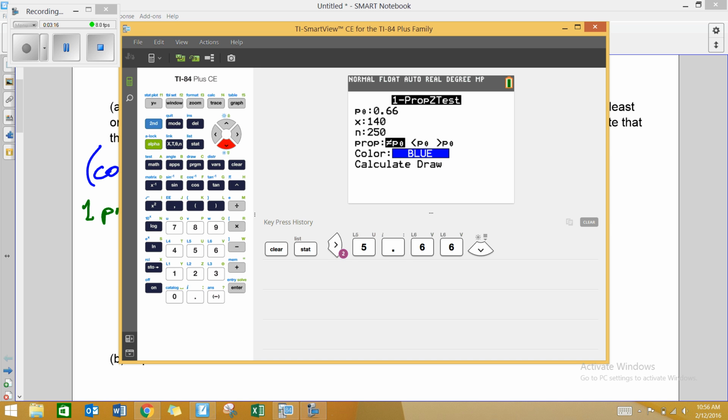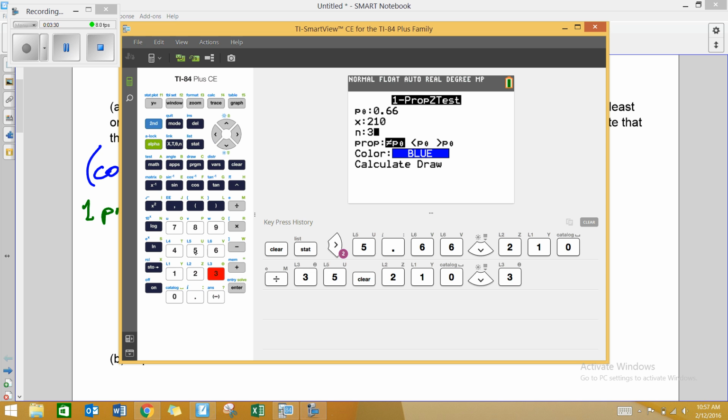And I want to know, well, how weird was it for me to see 210 out of a sample of 350. How weird was that? Was that unusually low? So has the true proportion gone down?